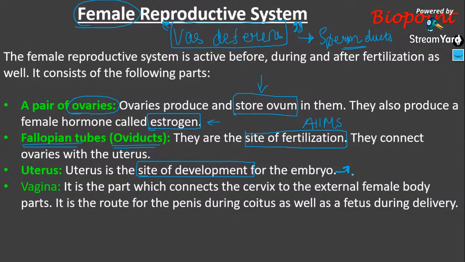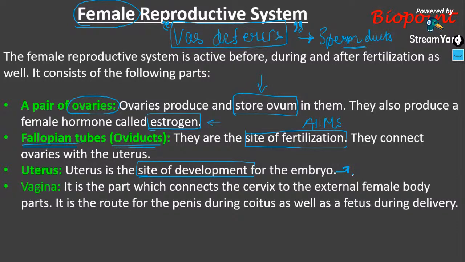That process of development of the embryo inside the uterus is known as... Guys, it is taking a lot of time. It's just a small word to spell. If you don't know, please tell me on the chat box.